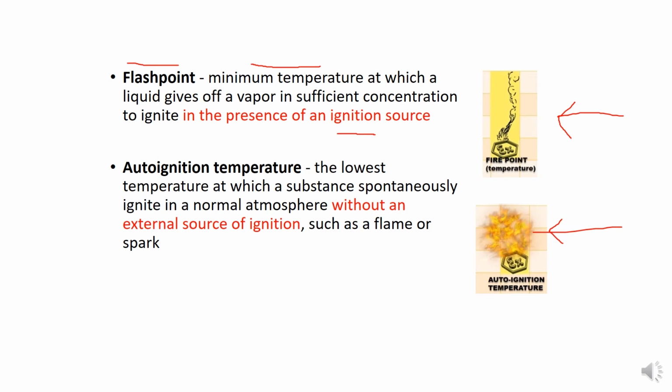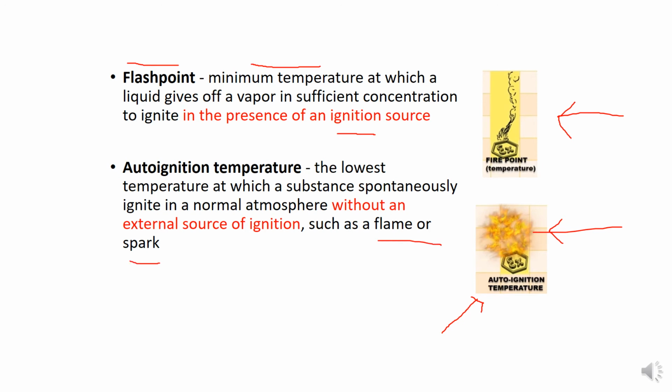And for some chemicals, if auto ignition temperature is mentioned, it means these chemicals can spontaneously ignite, can catch fire at a normal temperature, so they don't need any ignition source, for example a flame or a spark.